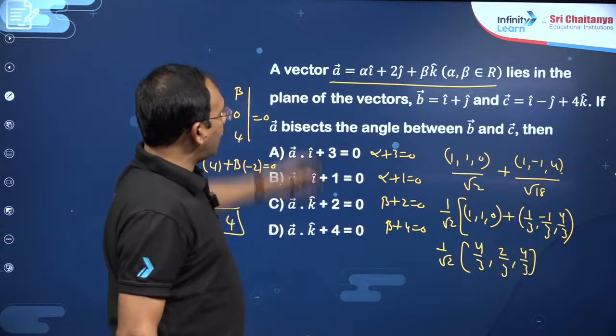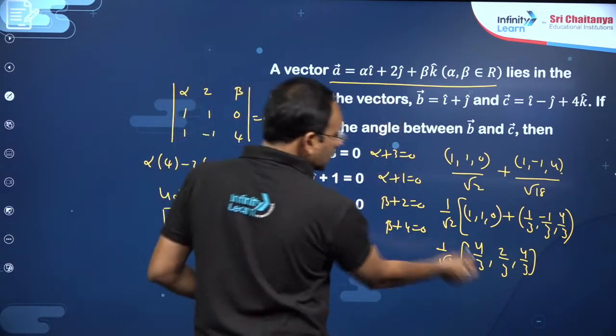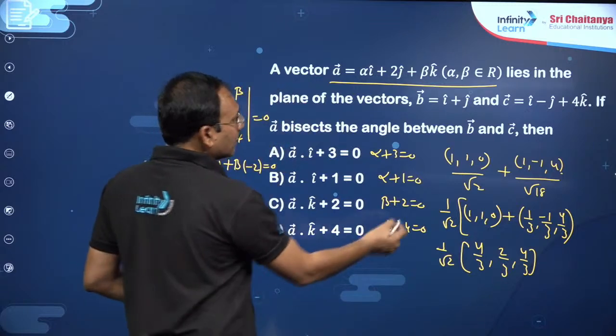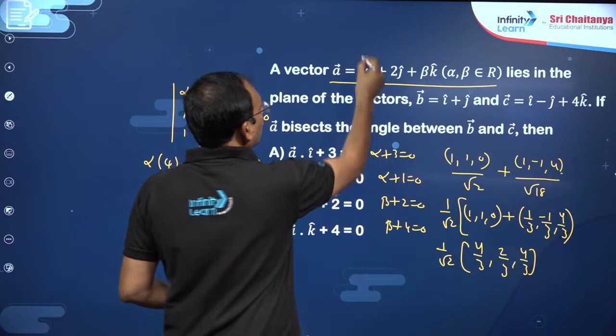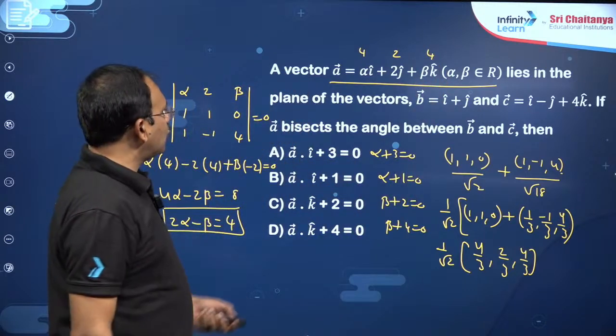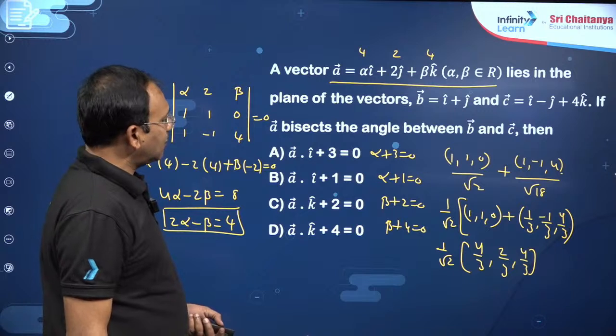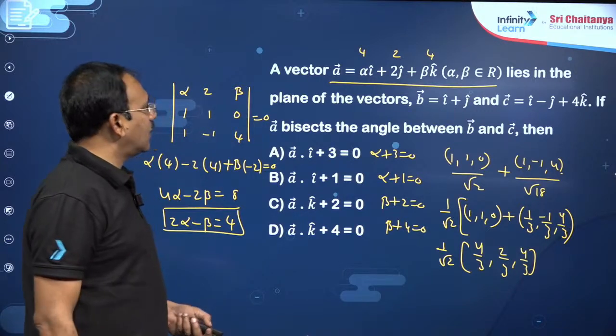So our A bar must be parallel to that. In proportion to this it must be along (4, 2, 4), my dear friends. Already 2 is there, you can take here 4 and here 4, proportionate numbers, dear students.